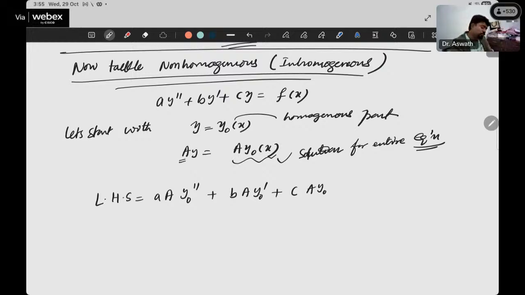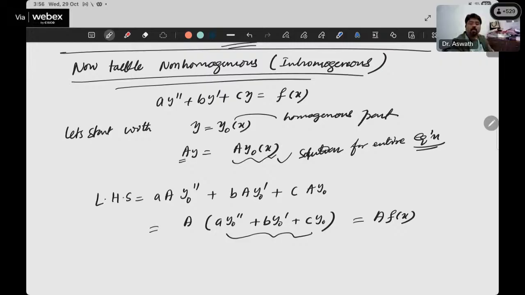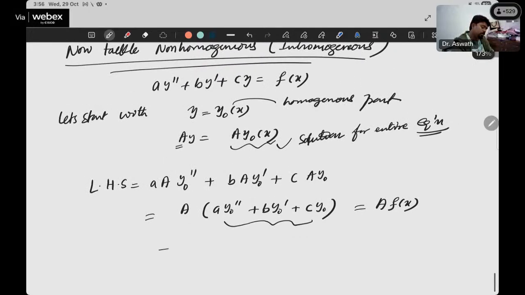Simply take a common and I am left with the same thing. So what is this quantity? It is f of x. So I have a into f of x. But what is the RHS? The RHS is just simple f.